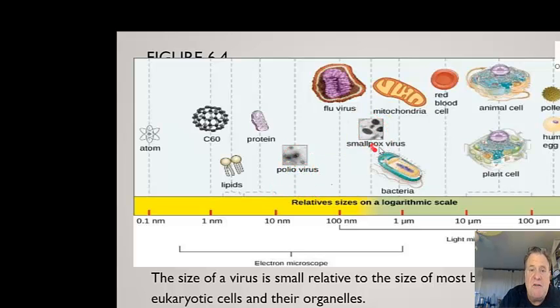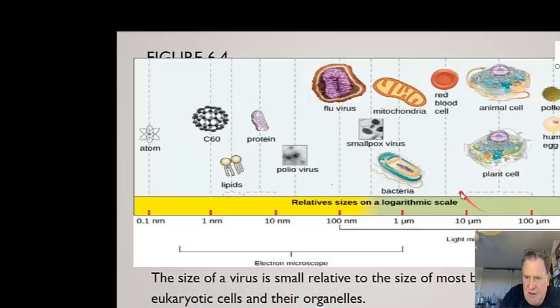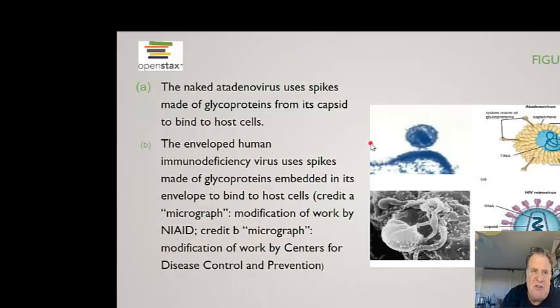The larger viruses like smallpox are going to be almost a tenth of a micrometer. When we're looking at red blood cells, 5 micrometers, plant cells, 50 micrometers, etc., viruses are relatively small. So we need to know what those are.